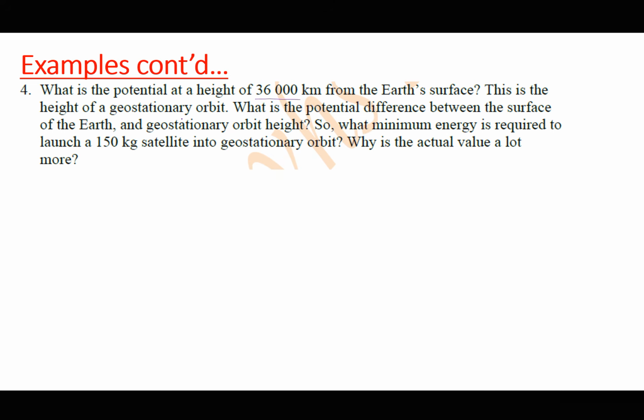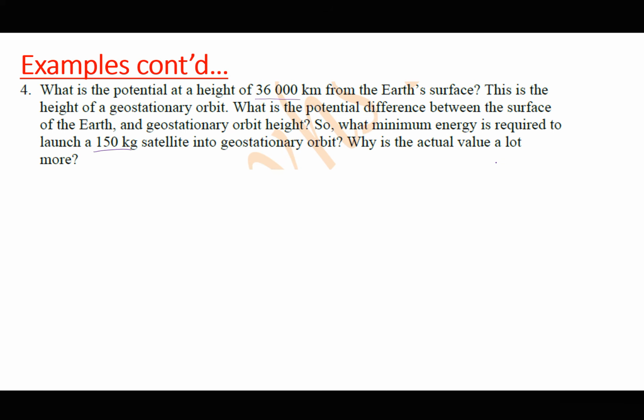What is the potential difference between the surface of the Earth and the geostationary orbit height? What minimum energy is required to launch a 150 kilogram satellite into geostationary orbit? Why is the actual value a lot more?